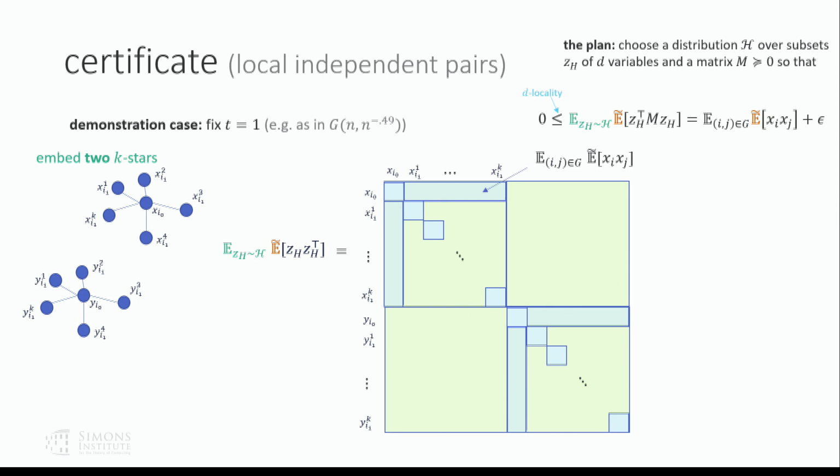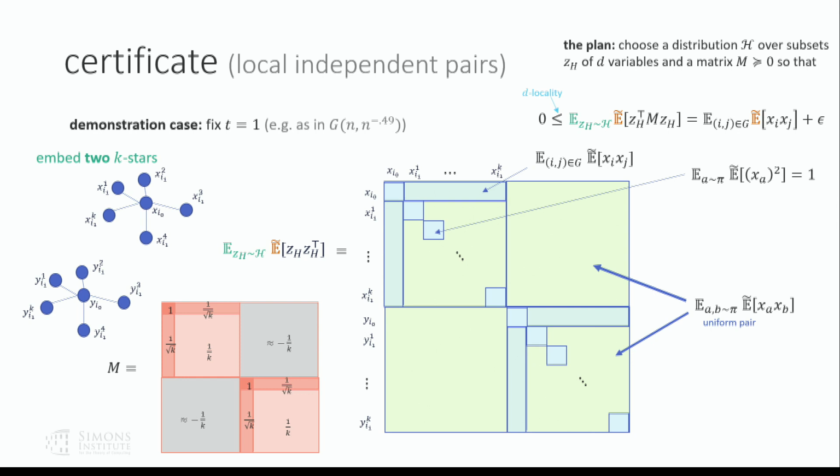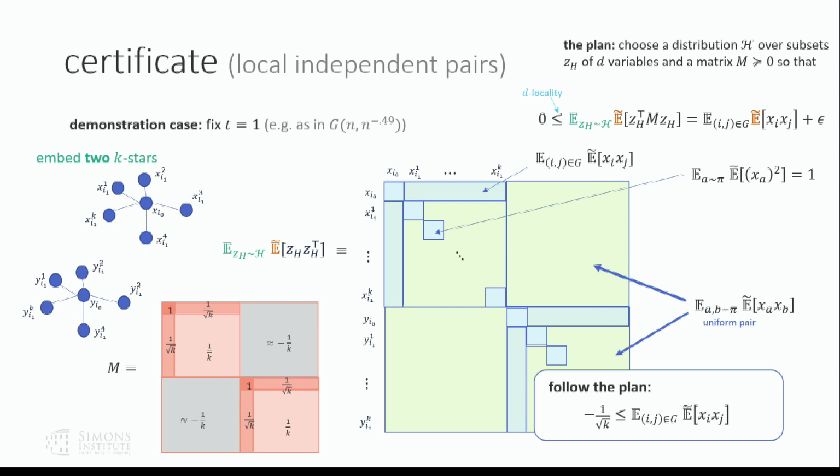You'll get such a matrix, where you still have entries that correspond to the average pseudo-correlation across an edge, entries that are 1, and entries that correspond to uniformly random pairs in the graph. Now you just choose a slightly more complicated matrix M so that these entries cancel with those entries. This is where it matters that we chose T to be large enough to get uniformly random pairs. We follow the same plan, and we get this lower bound.